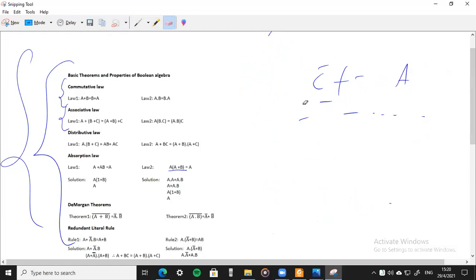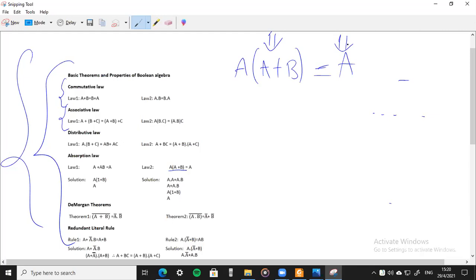Okay, absorption law. Even if you don't know the laws, but you know how to manipulate algebraic functions, you can get from this point to this point.